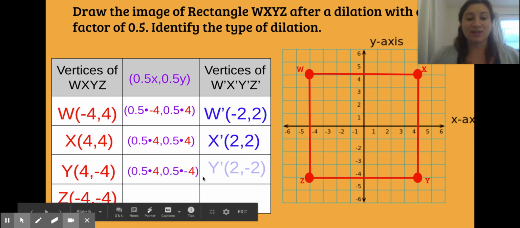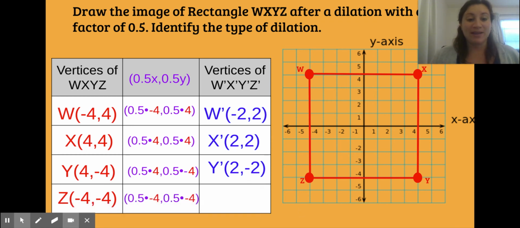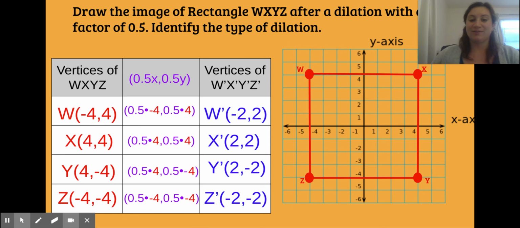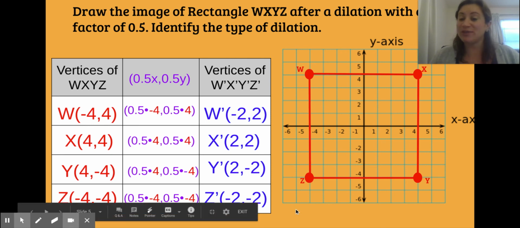Y prime is going to be 2, -2, because 1/2 of 4 is 2 and 1/2 of -4 is -2. And then lastly, Z prime is going to be negative 2 comma negative 2 because half of negative 4 is negative 2. Now all we have to do is graph.